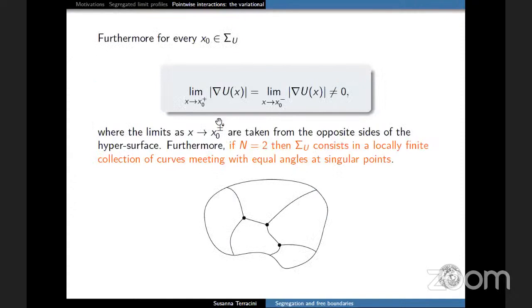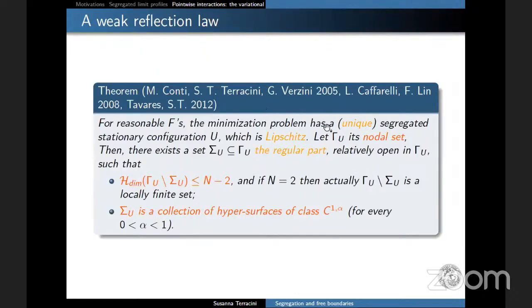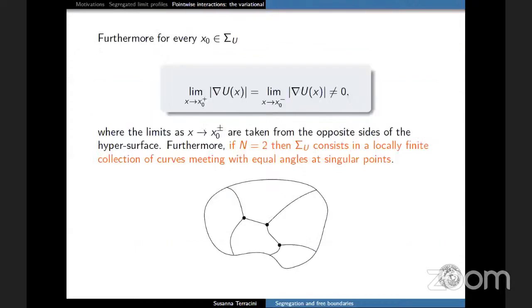And it is important to remark that here I am talking about stationary configurations and not minimizers, because one can give also the proper definition of stationary configuration.